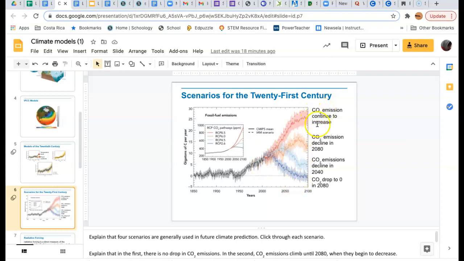If we don't do anything about it, the CO2 emissions in 2080 will be around here. So you can see what would happen. This is if we stop in 2080. Here is if we stop at 2040, and here if we stop right now. Okay, so that's how the model begins. So they create that model and then they make predictions, and they use 4 scenarios. And at the bottom over here, there's some explanation if you need to go back.